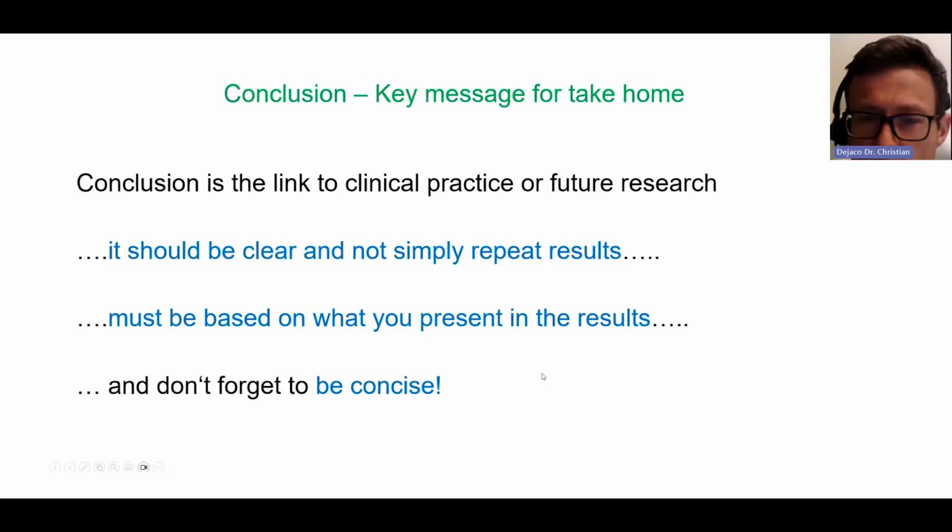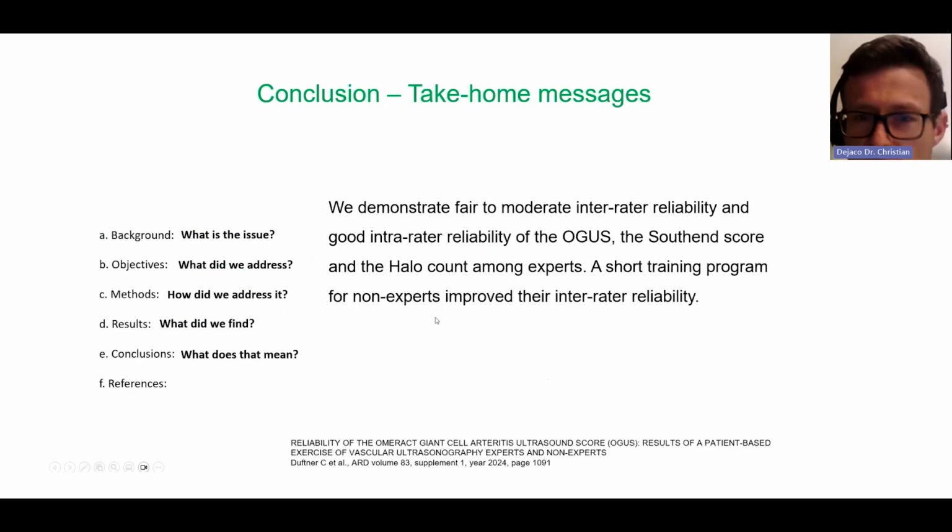And again, be concise. This is again an abstract from our group, showing how we phrase the conclusion. We don't present any new results here. The conclusion is based on what has been reported before in the results section. We make a summary, which helps to interpret.